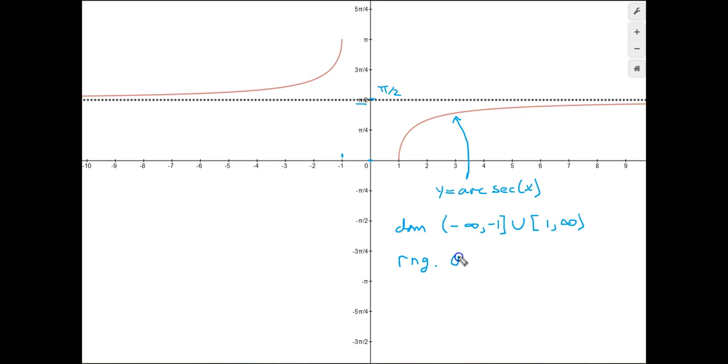So the range goes from 0 to pi over 2, but we put an open bracket there to indicate that pi over 2 is not included. And then it also goes from pi over 2 up to and including pi. That point is on the graph of the arcsecant. And there you go. We've fully defined what the arcsecant is.